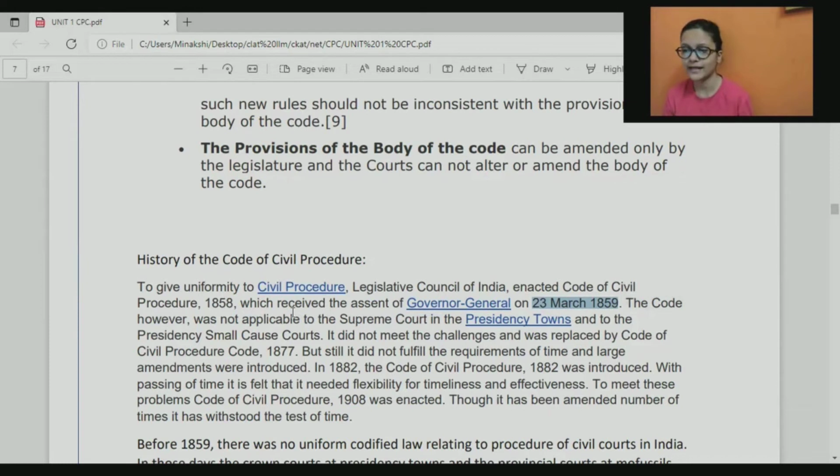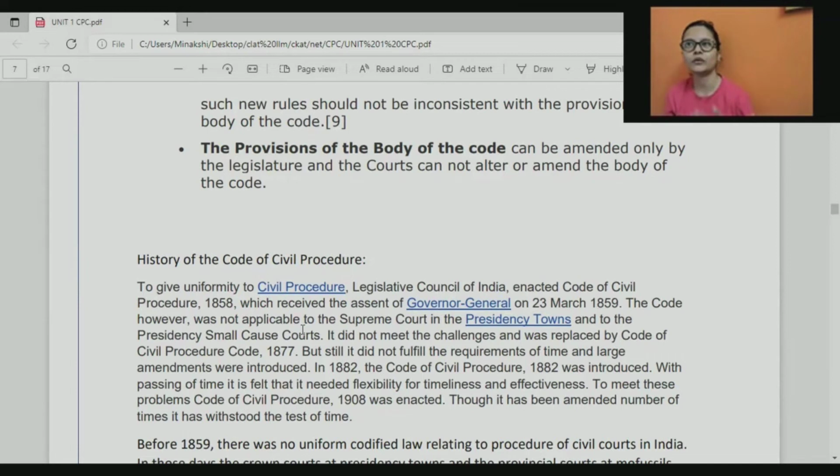But the problem with it was that it was not applicable to the Supreme Court in presidency towns and to the presidency small causes court. Even though the legislation was established and framed, it was not uniformly applicable in entire India.